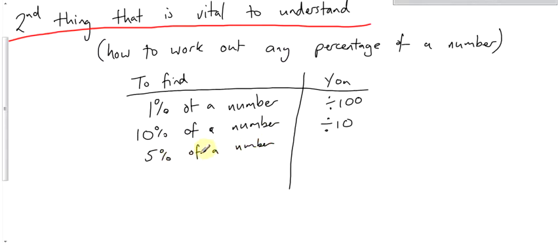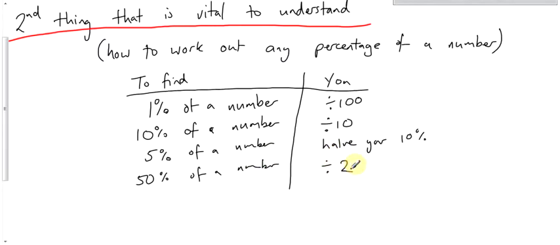So if you want to find 5% of a number, you half your 10%. Another one that's handy is 50%. You divide your number by 2.